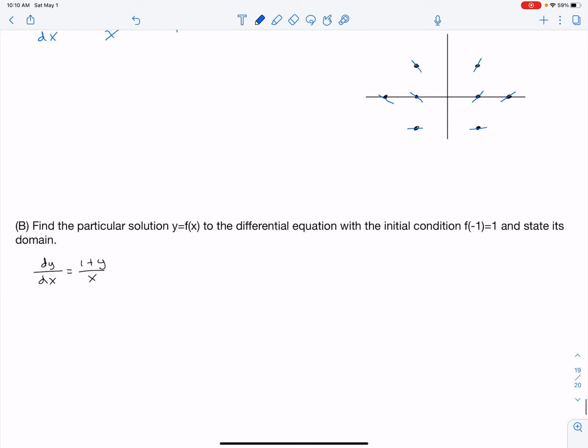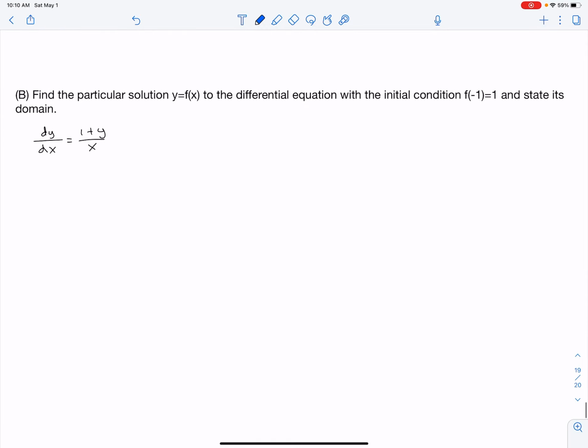Let's look at letter B. Find the particular solution and then state its domain. We are given that it passes through this point. So this is an interesting one, and I'll talk about why it's interesting at the end. Let's do our separation of variables. dy over 1 plus y equals dx over x.